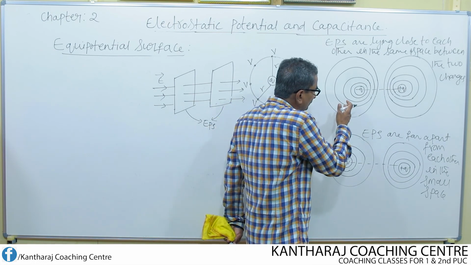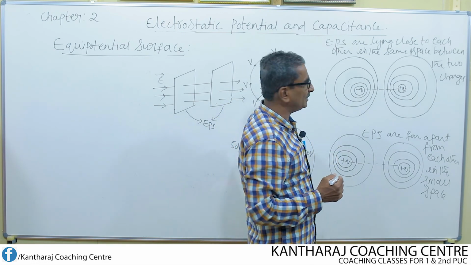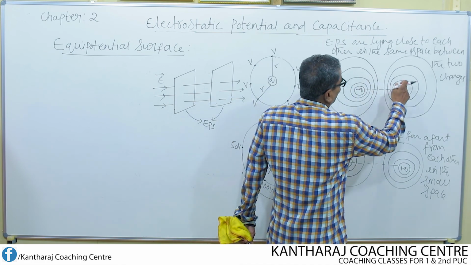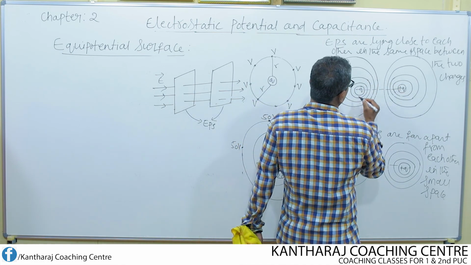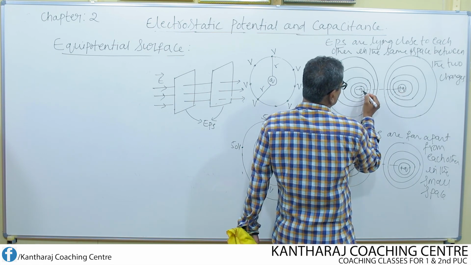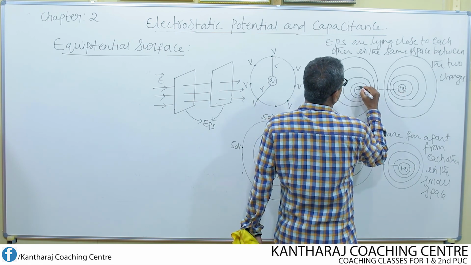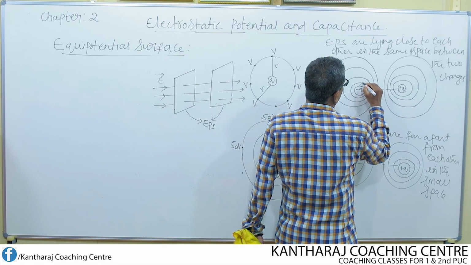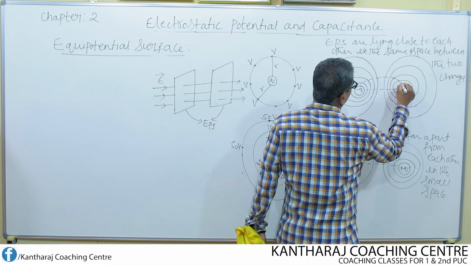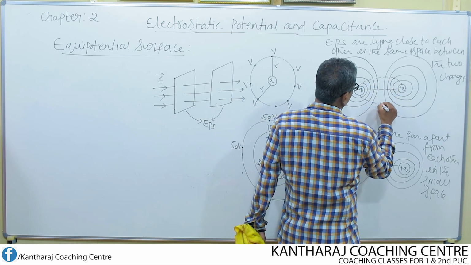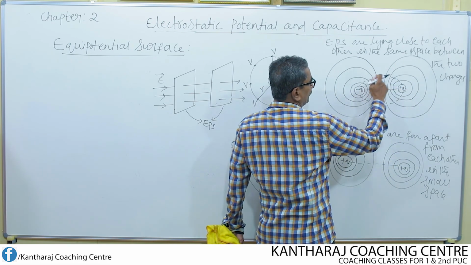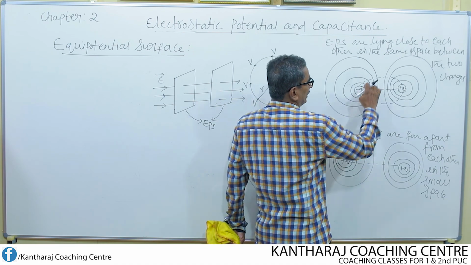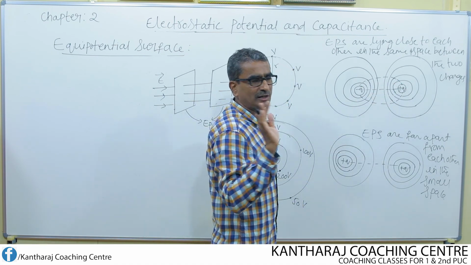If you want to confirm this, then I can draw the electric lines of force. Look here, how do I draw this? We know that electric lines of force start from positive charge and end at negative charge. So let us write those electric lines of force like this. I represent them by means of dotted lines, to avoid the overlapping of equipotential surfaces with the electric field lines.